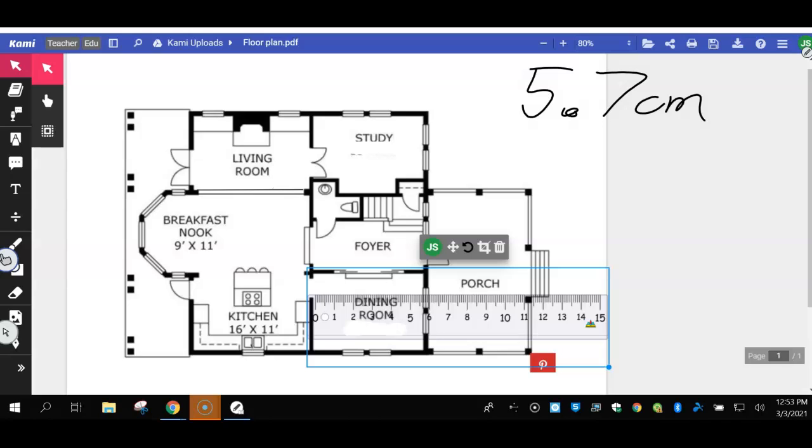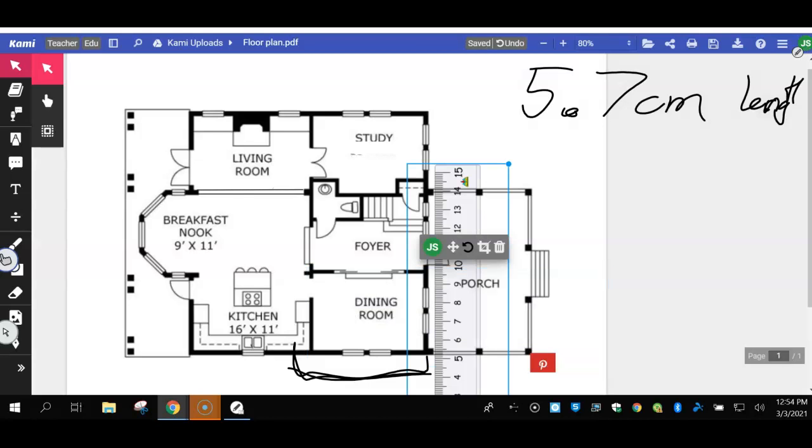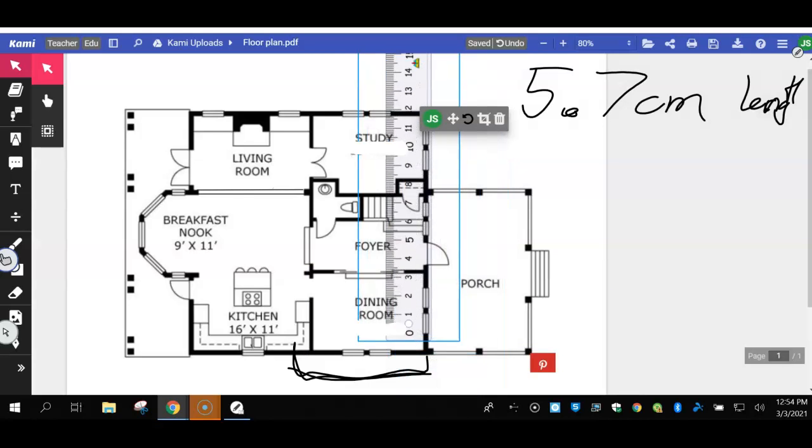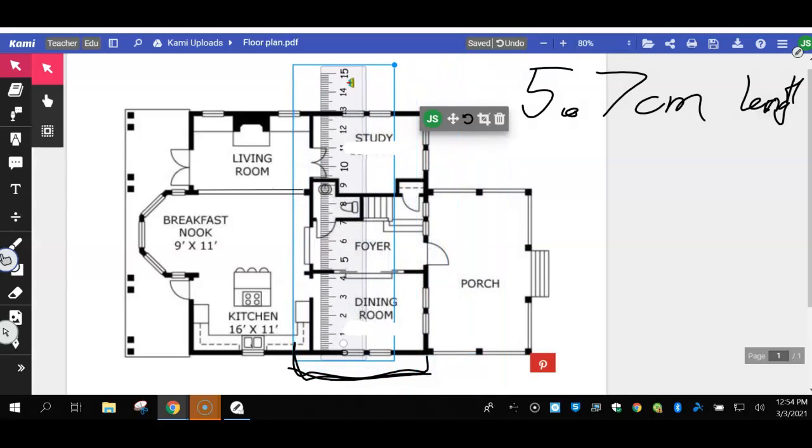So we have 5.7 centimeters, and we're calling this the length because it's our longest side. Now turn your ruler and find your width. That's going to be across, on this side of the wall.